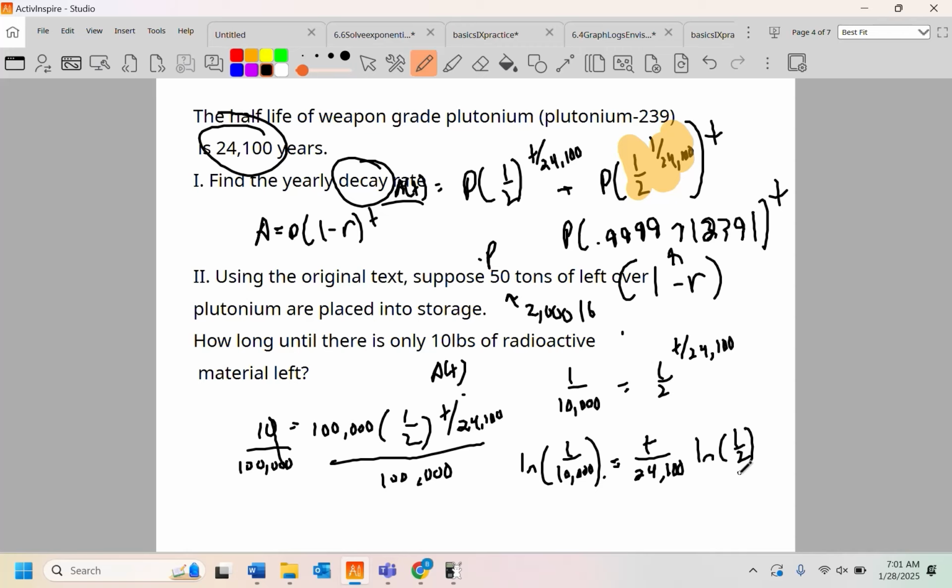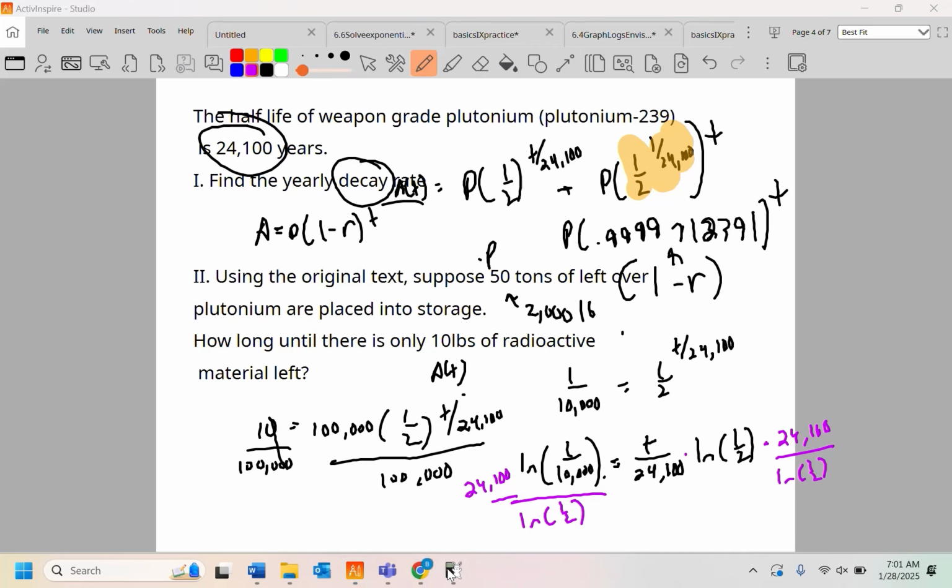I hope I didn't throw you off there. I skipped some steps. So I'm going to counteract division with multiplication, and multiplication with division. If I do it to the right, I have to do it over here. So we're going to multiply by 24,100, and divide by the natural log of a half.